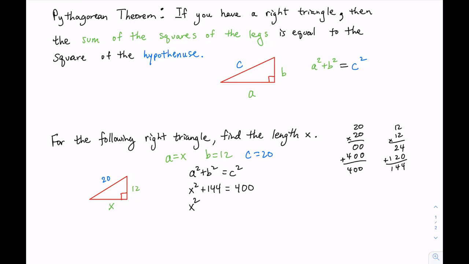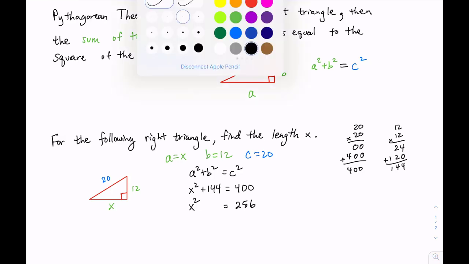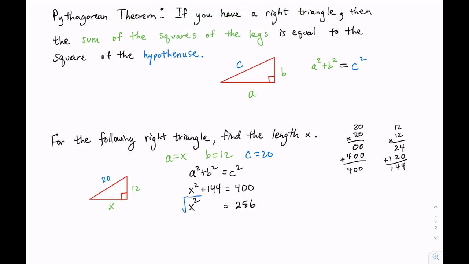Now we have what? X squared is equal to 400 minus 144. That means that's going to be what? 256. And we were trying to take the square root of both sides. Now we have the absolute value of x is equal to the square root of 256.